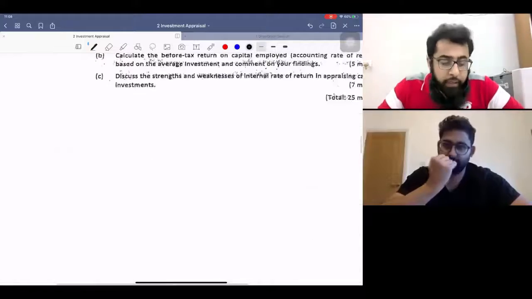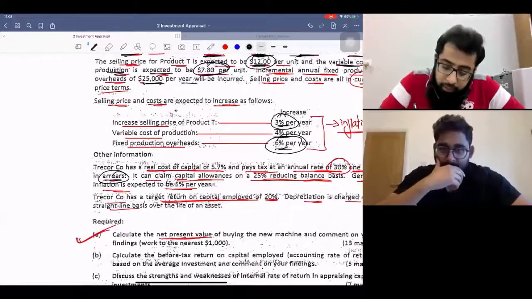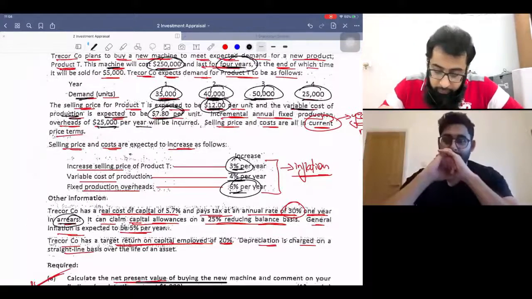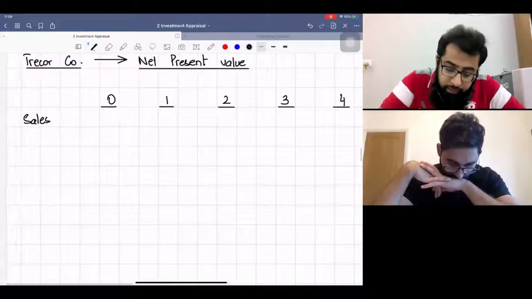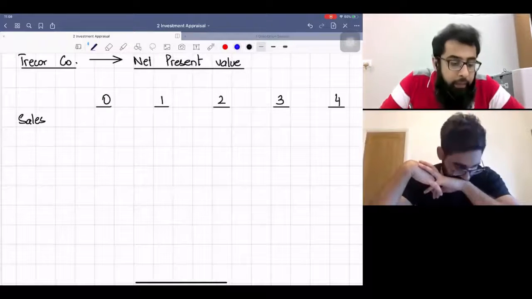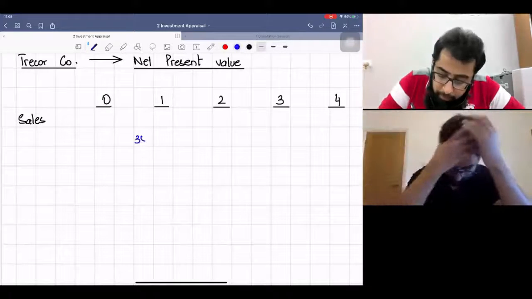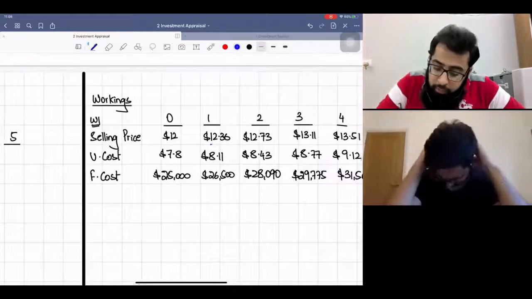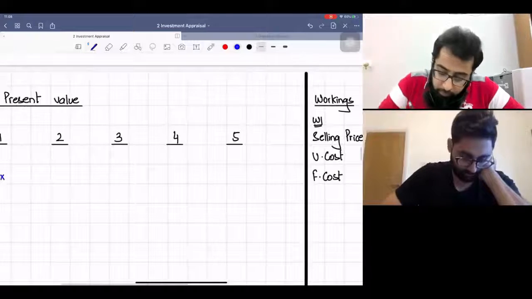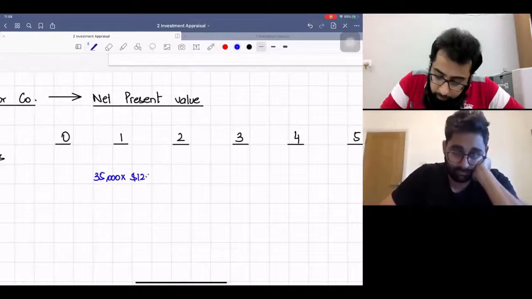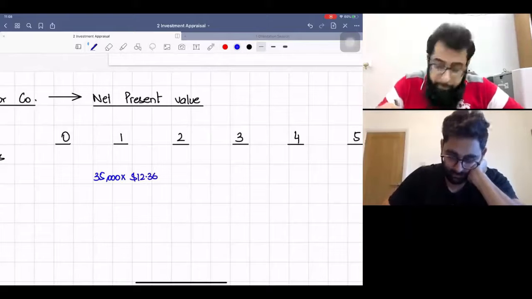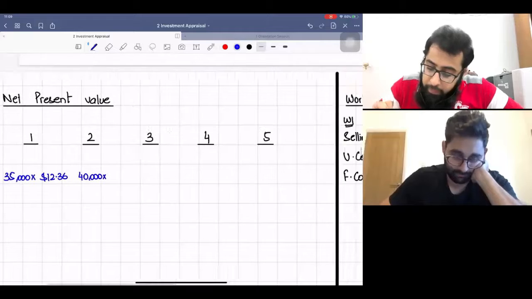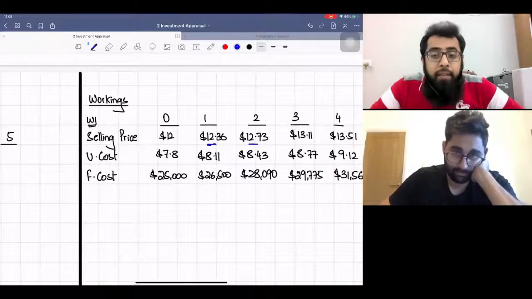Okay, so these are the small workings. Now if you look at the number of units, they are 35,000, 40,000, 50,000, and 25,000. So let's start putting the sales. 35,000 units multiplied by your selling price, which is 12.36. Then 40,000 units multiplied by 12.73.